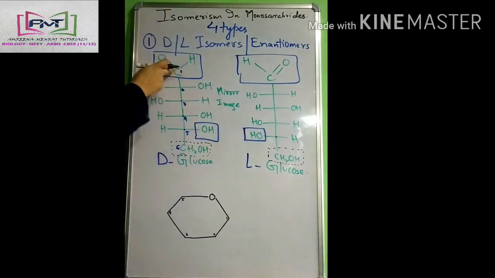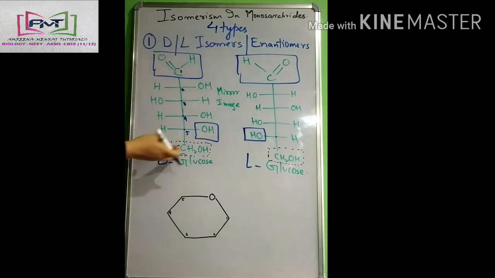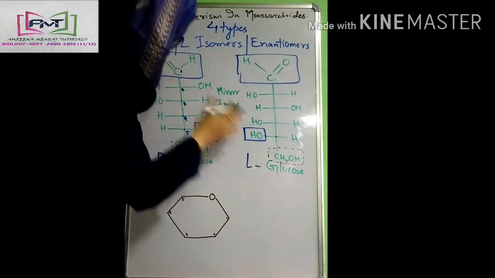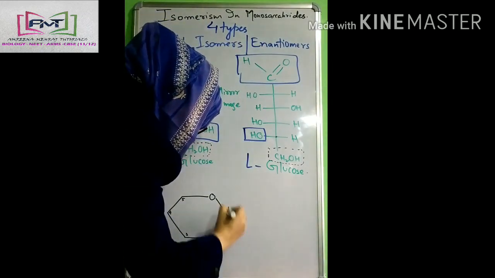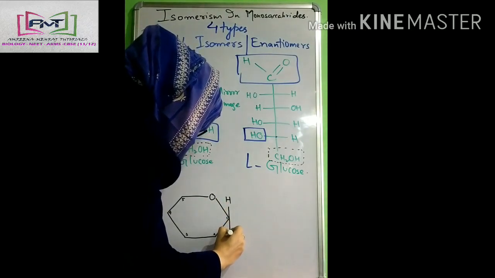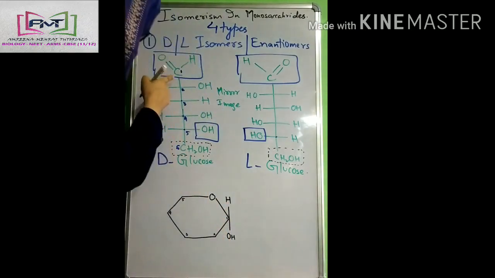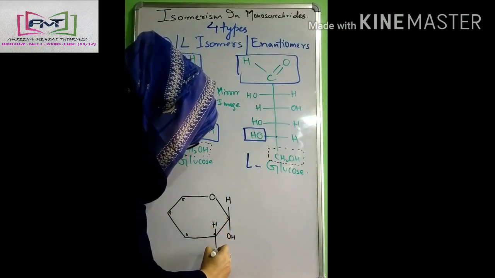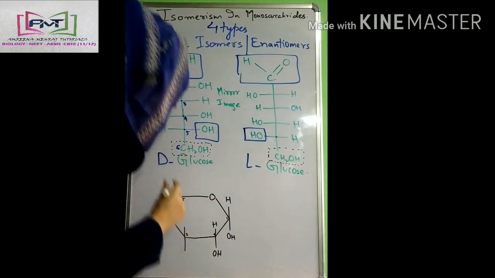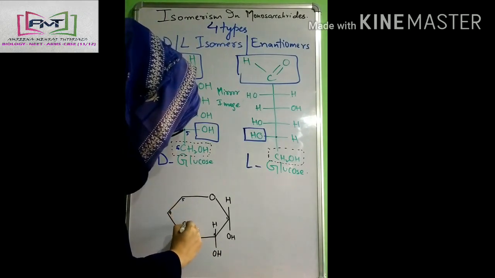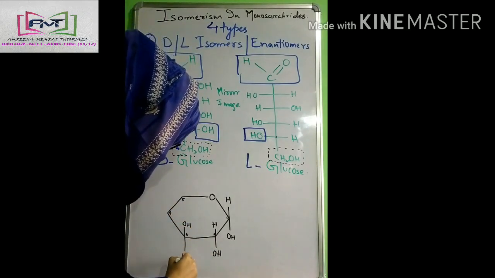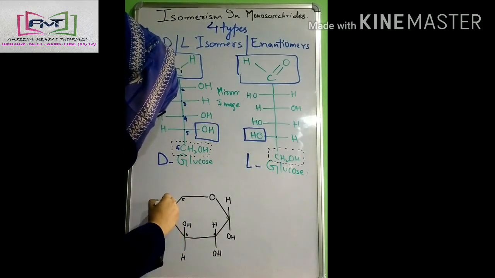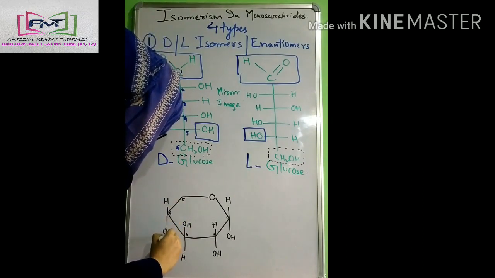Then, once you have this converted into a ring, the groups on carbon number 1 will be H, OH. Then carbon number 2 will have H, OH. Then carbon number 3, you will have OH, H. Over here, you will have H, OH.